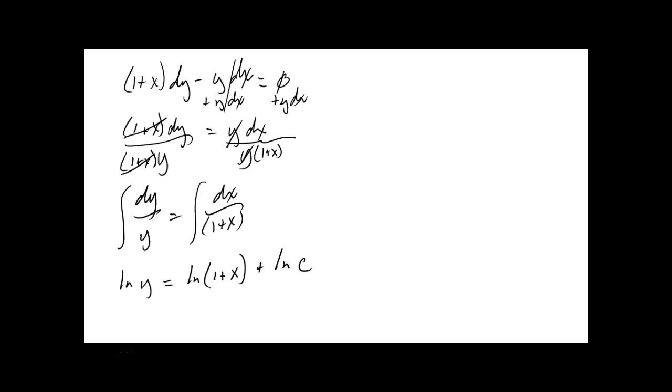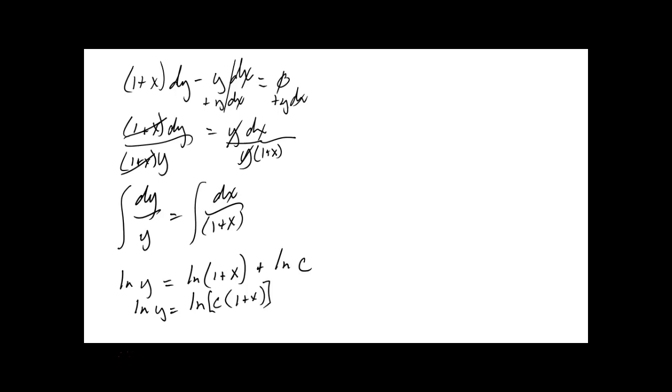Log of 1 plus x times c. The log of y is equal to the log of c times (1 plus x). You buy that? Because the sum of two logs is the log of their product. I don't know if you remember that rule of logarithms.